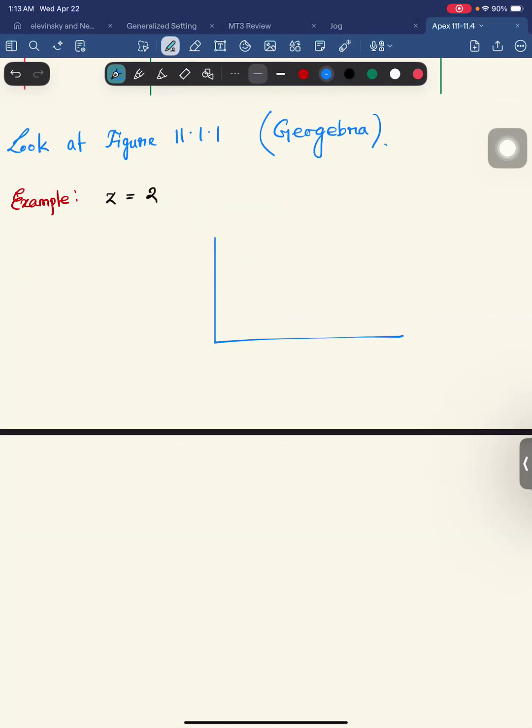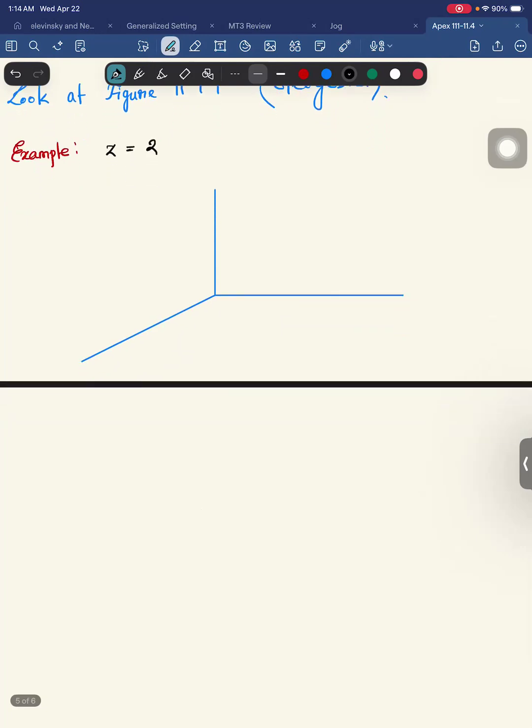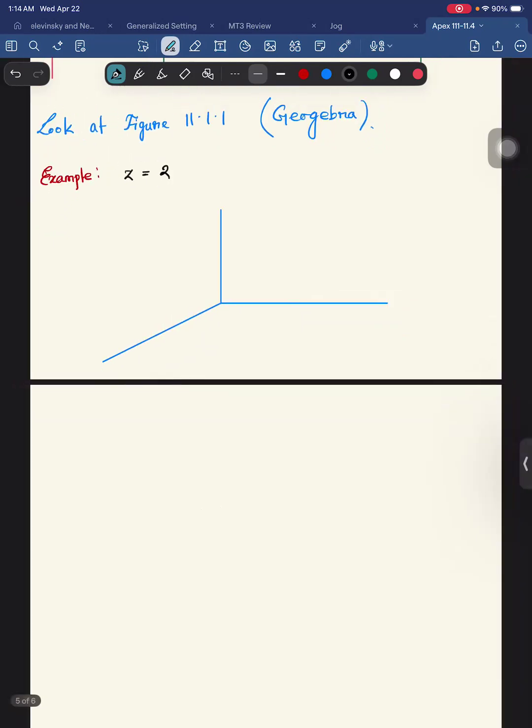So draw the coordinate axes first. You're looking at all those points x, y, z whose z is 2, right? And x and y can be anything. So what is that? This is nothing but something looking like this right now.